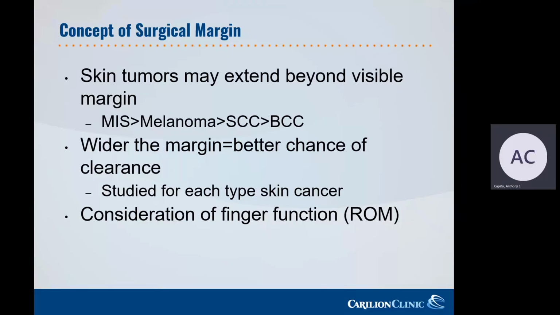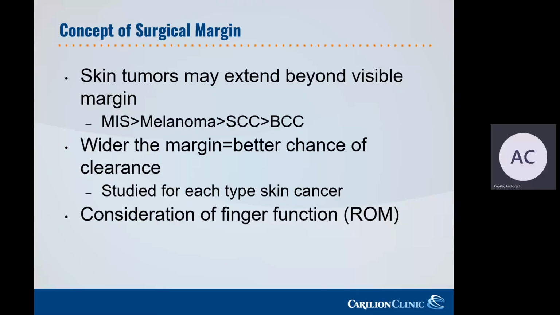Melanoma can also do this as well, just because the melanocytes can produce no pigment, and we basically draw our margins from the pigmented edges, and we can be confused and fooled with these types of malignancies. Squamous cell is a little bit less likely, and with basal cell we're usually able to see the perimeter of the lesion and get good margins in a full excision.